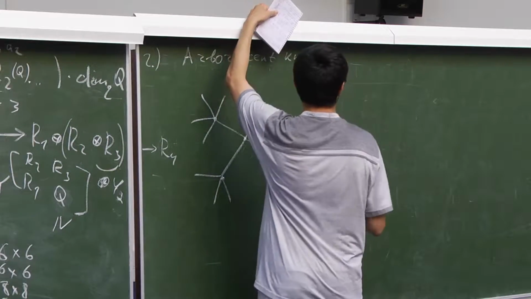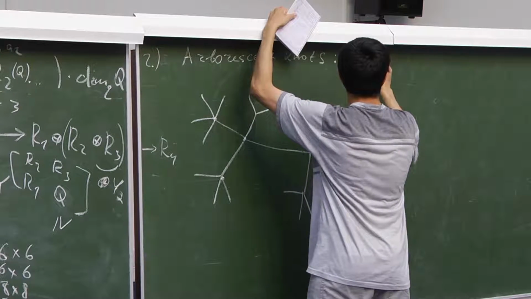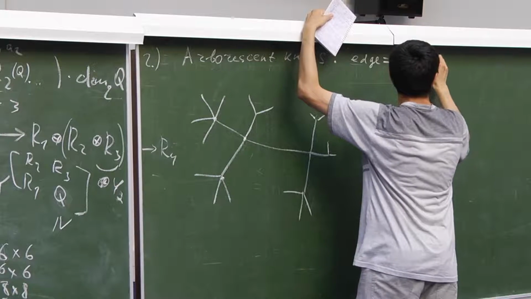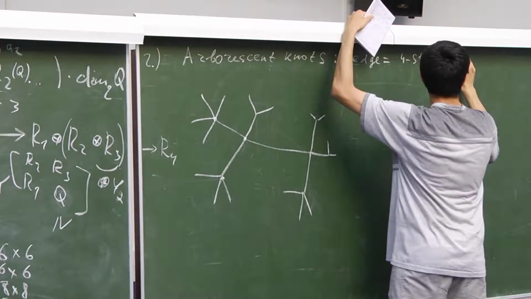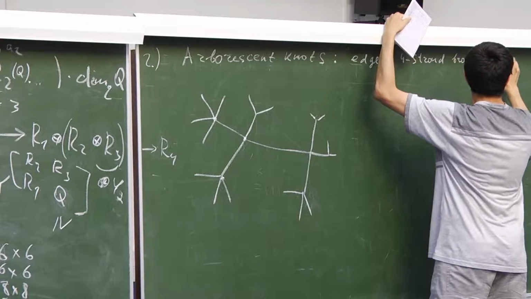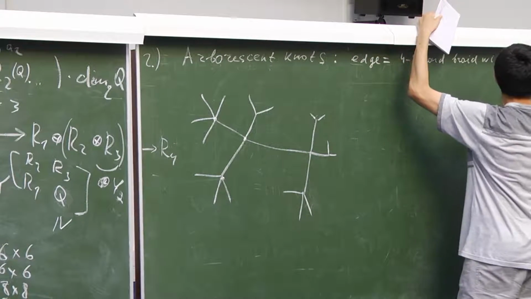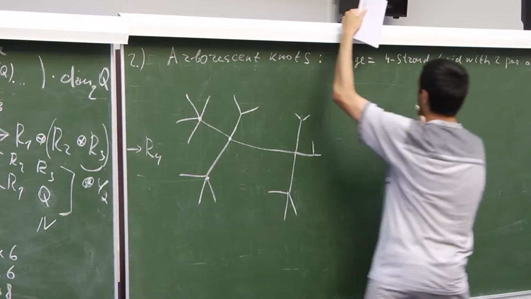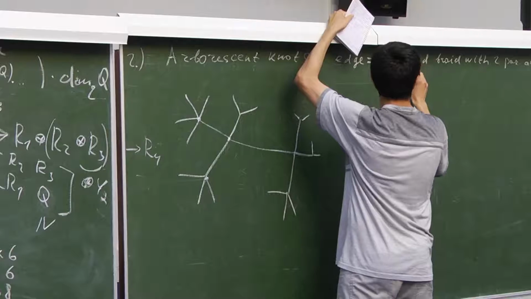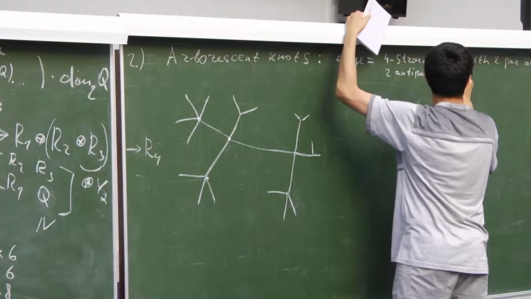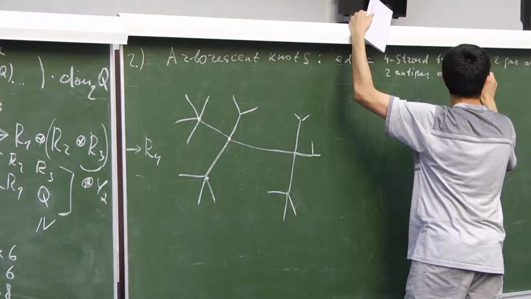So in this tree, any edge is a 4-strand braid with 2 parallel and 2 anti-parallel orientations on strands.